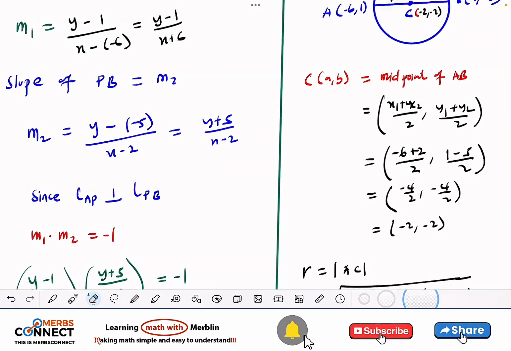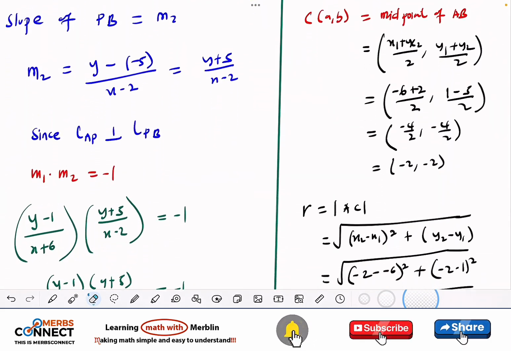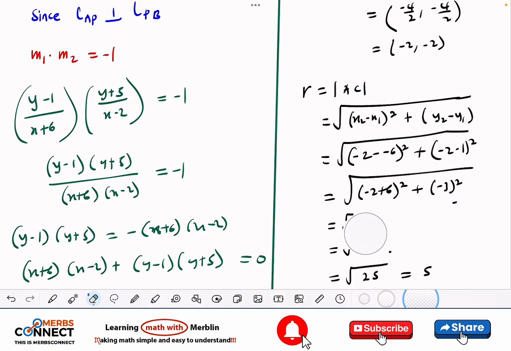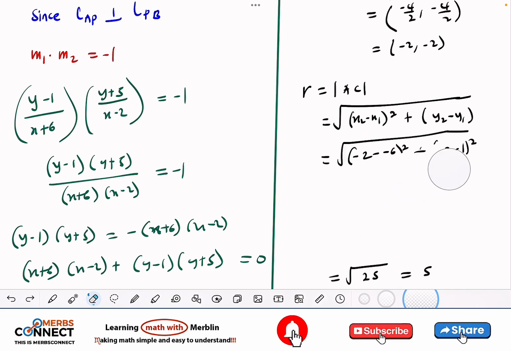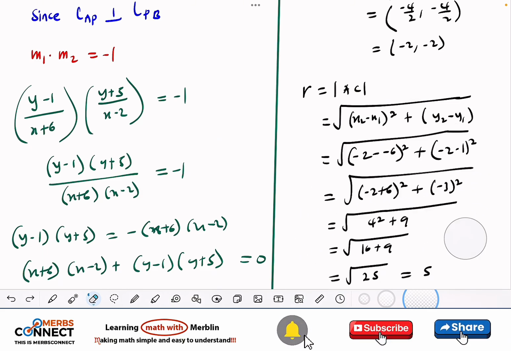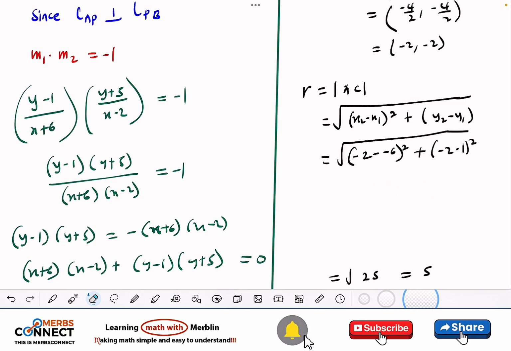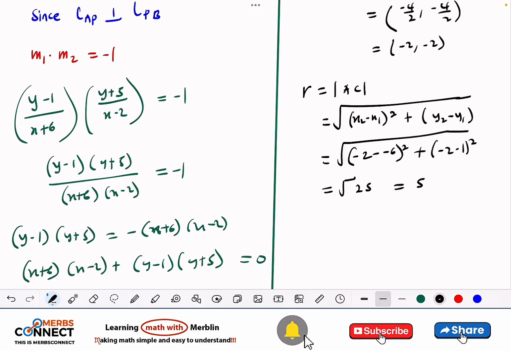At the end of the day, this is what we are looking for. So let me just clean up the solution and just have the radius up here, right? Let me leave one section for the top there. So the radius is 5. So what's the equation of the circle?